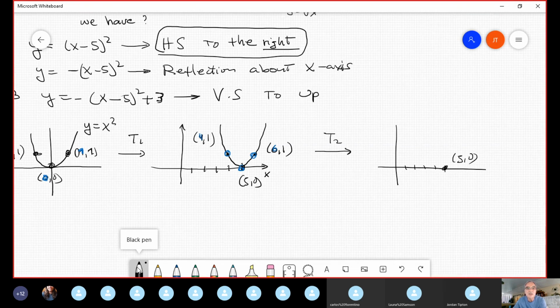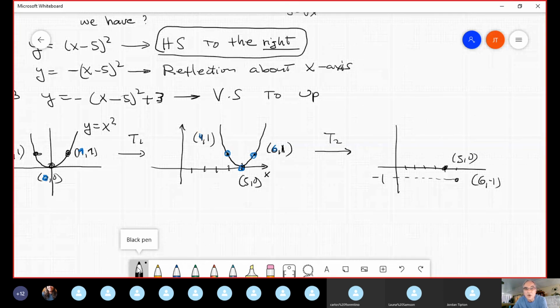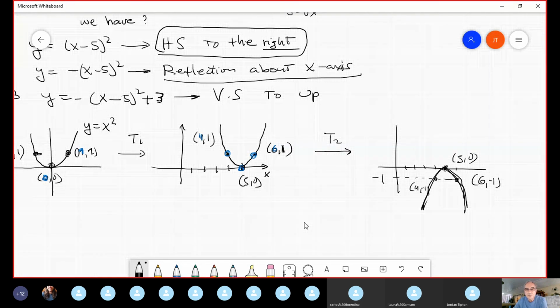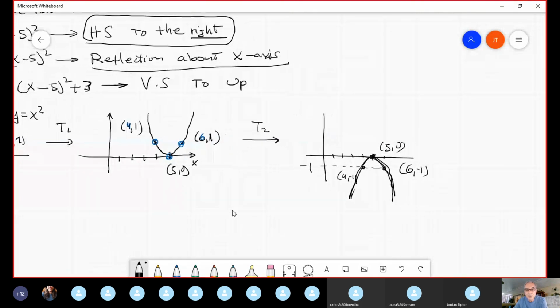But this guy changes sign, the sign of the y. This point now is (6,-1). And this is (4,-1). And my parabola looks like that. That was reflection about the x-axis. I have a video on YouTube to explain this in detail with the animation, but it's okay.